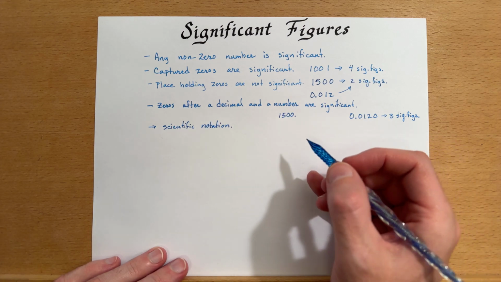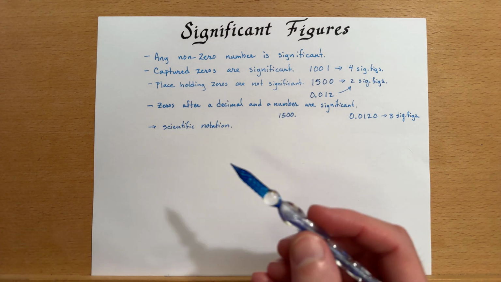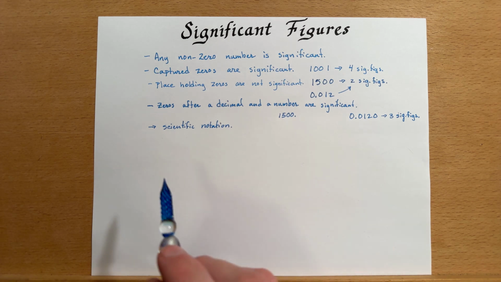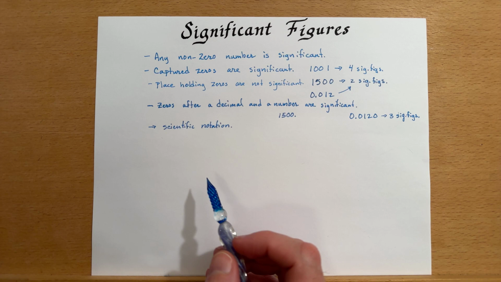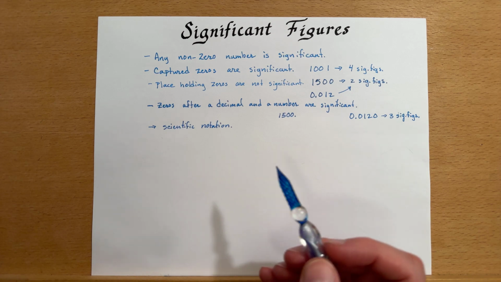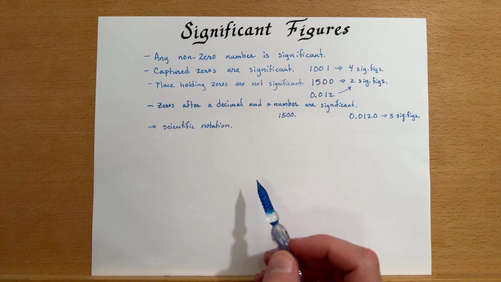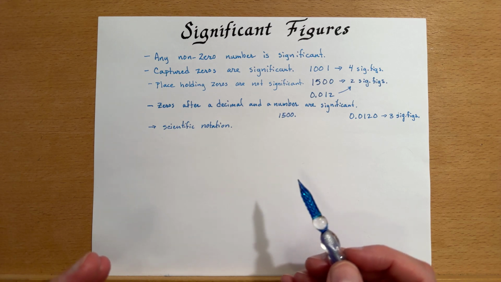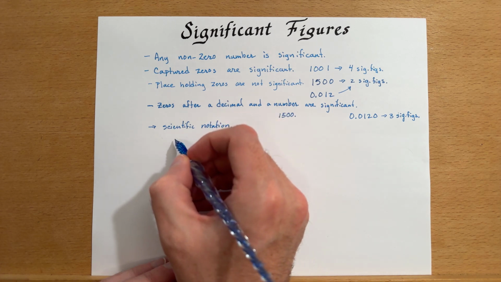Scientific notation allows us to be a lot more flexible with how many significant figures we're displaying, and it also allows us to be very precise because we only write significant figures down. If a number is not significant, then we generally do not include it in our scientific notation.